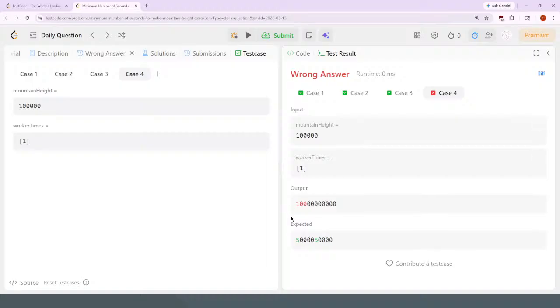Still not big enough, or still not correct. Interesting.